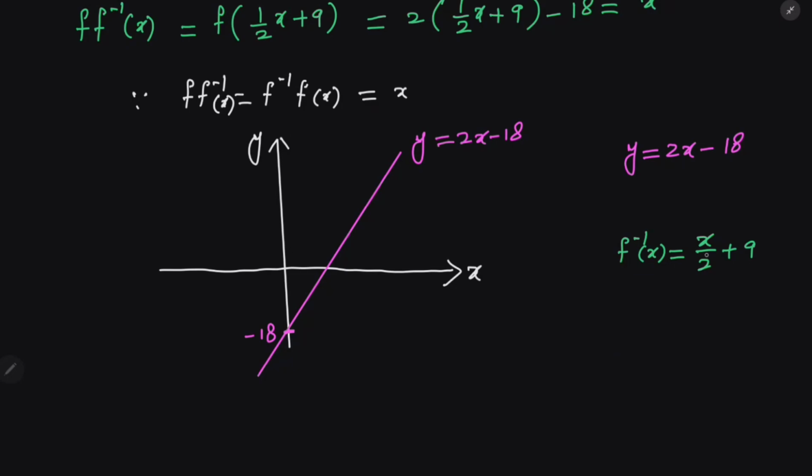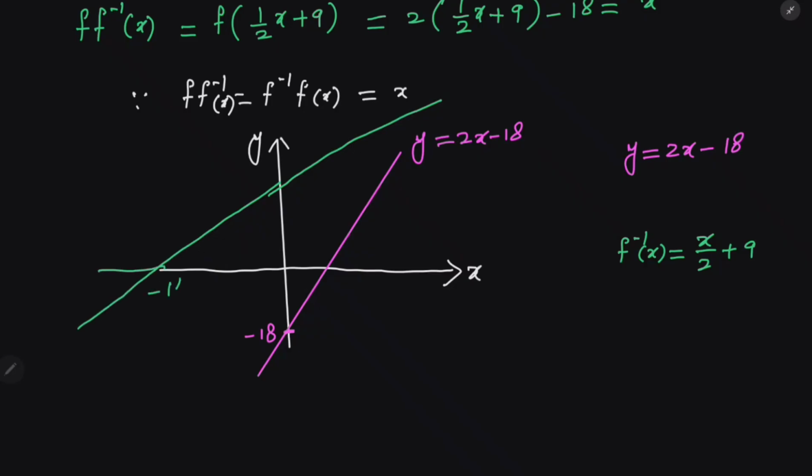It has an intercept of 9, and suppose we have this intercept over here, and on x-axis y is 0, so we have minus 18 over here. So from here we can draw this function like this.